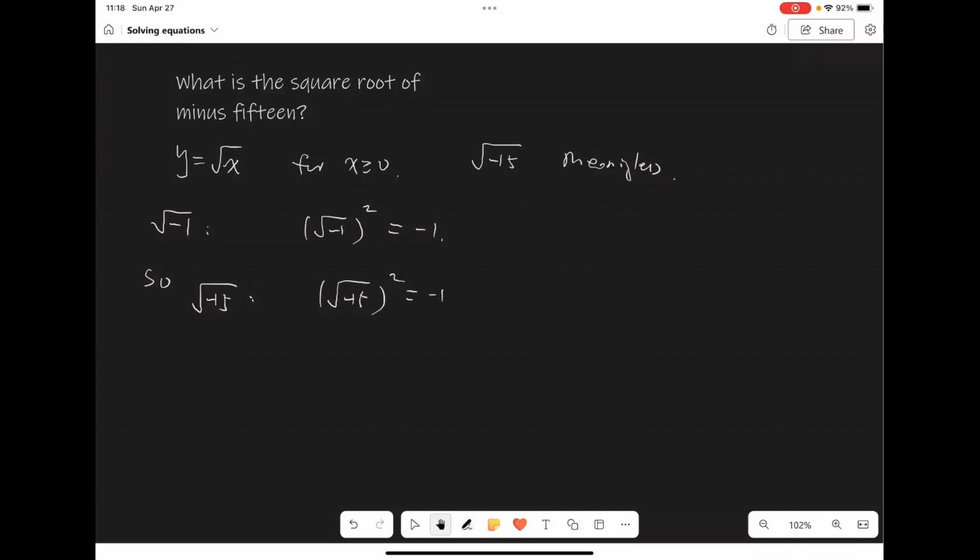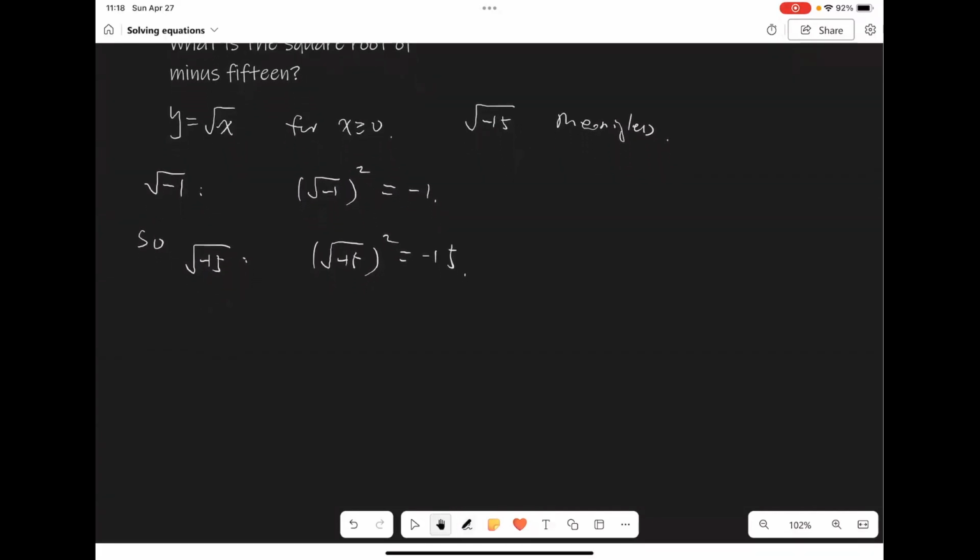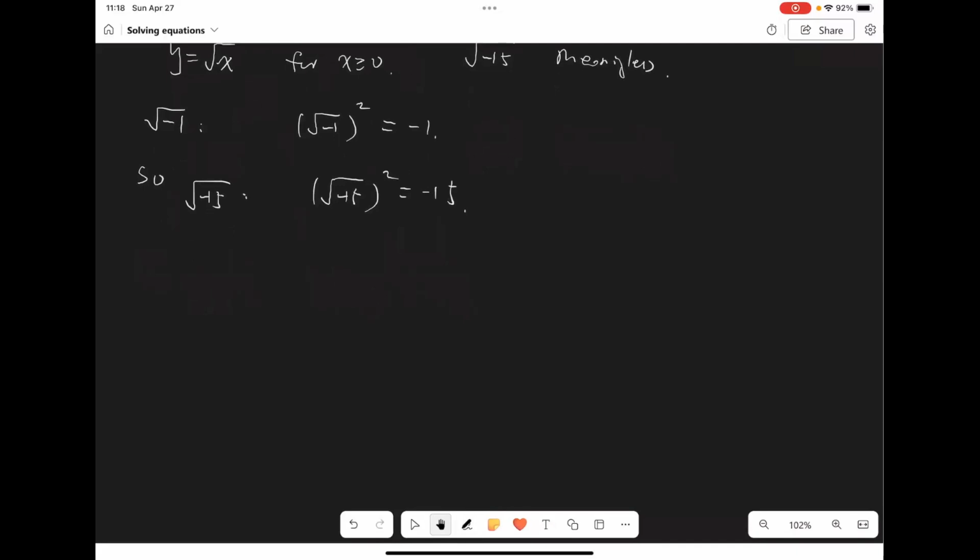The key point of confusion is that minus 1 has two square roots. To resolve this ambiguity, we define the principal square root of minus 1 as i, and write square root of minus 1 equals i. The other square root of minus 1 is minus i.